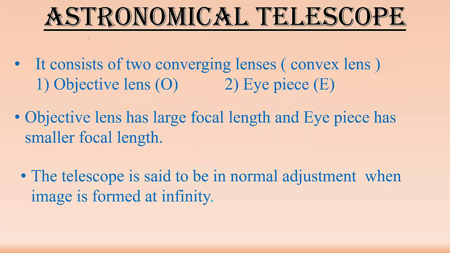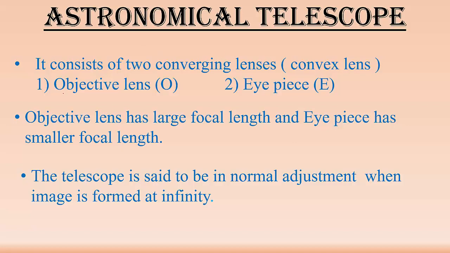So now we can study the astronomical telescope. We already know that the astronomical telescope is used to see heavenly bodies. This telescope consists of two converging lenses, that is convex lenses.